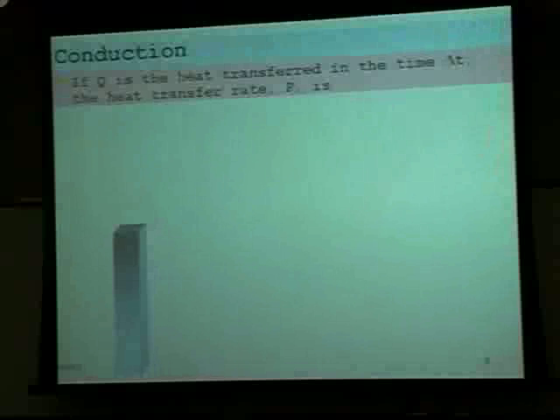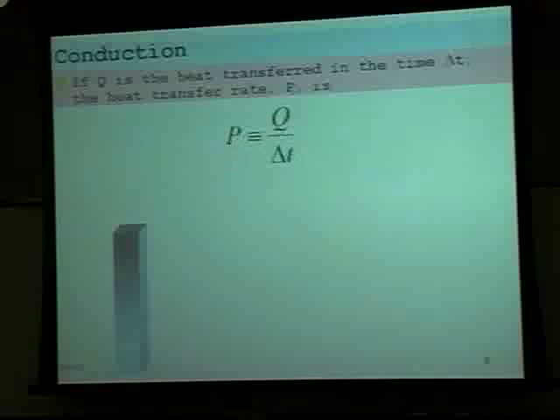If we're going to quantify conduction, we have Q as the heat transferred through a substance in the time delta t. The power, or the heat per time that's transferred, is energy per time.